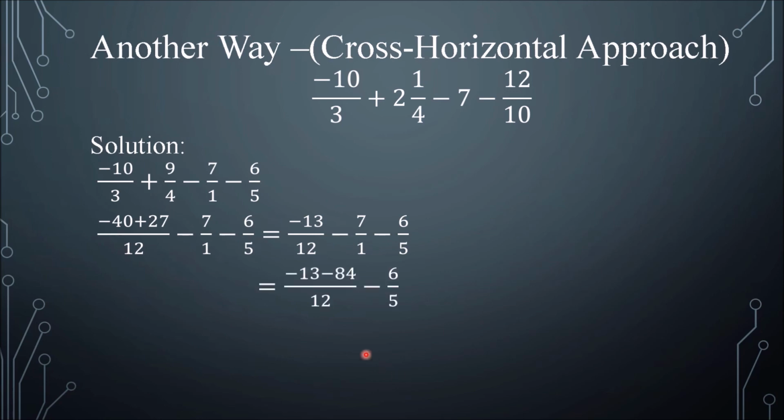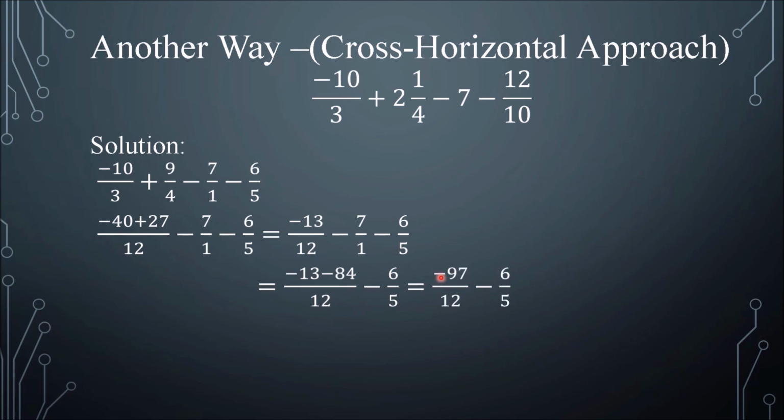Next, we do the cross-horizontal approach to negative 13 over 12 minus 7 over 1. So 1 times negative 13, 12 times 7, 84, and then this is minus, so this is also minus. 12 times 1 is 12. Minus 6 over 5.